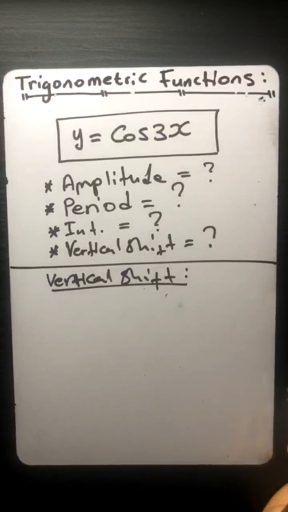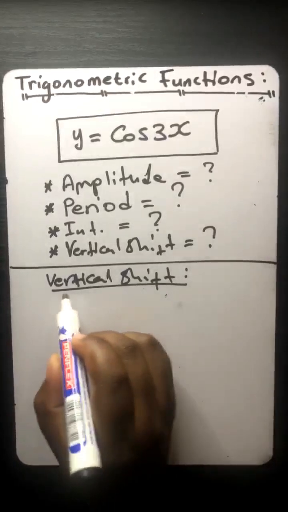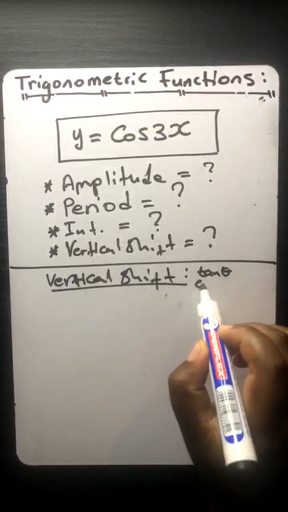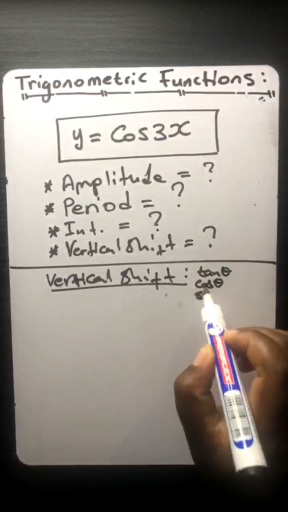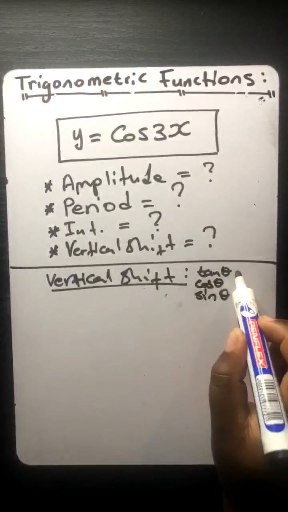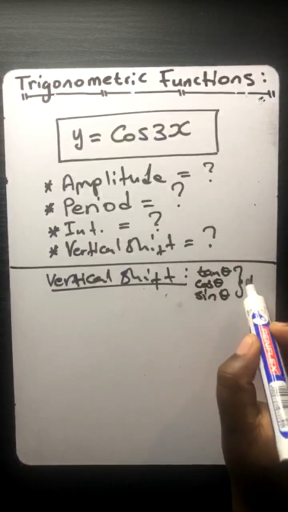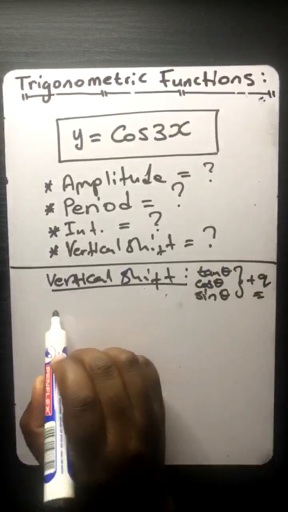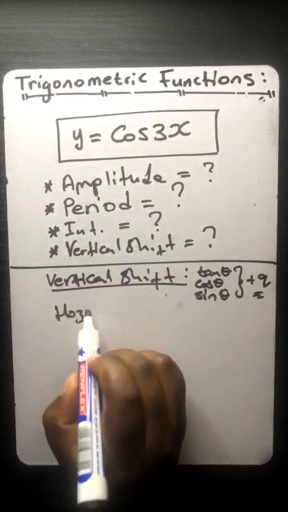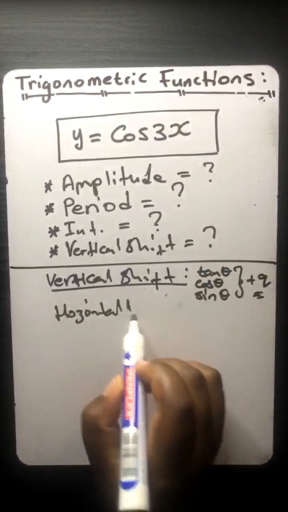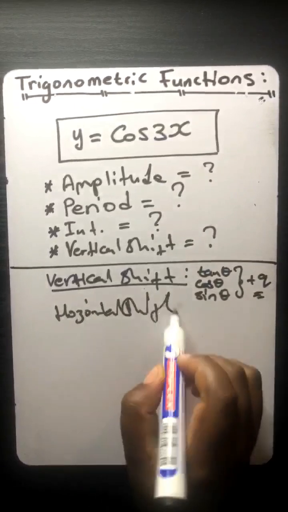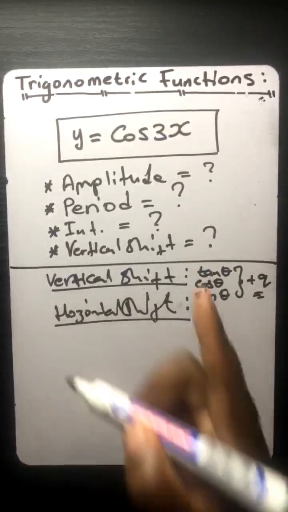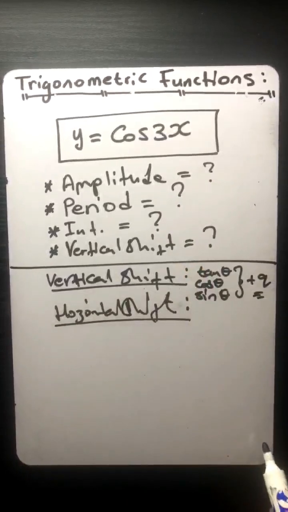So let's see the last part. If you remember, we spoke about the vertical shift, whether you have tan angle, cos angle, or sine angle. For as long as you have plus q, it refers to the vertical shift. So I want you to be aware of the horizontal shift because it is also available under this type of functions.